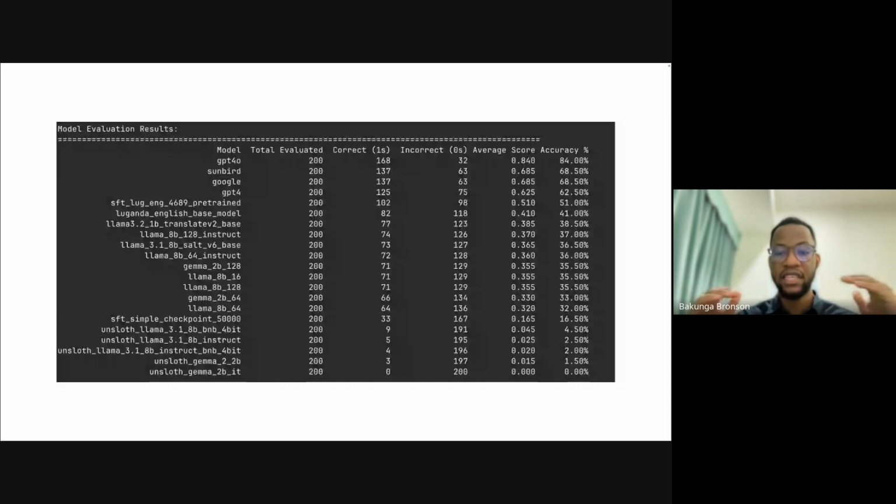So you can see that the highest in that particular range is 4%, and that's for the 8 billion parameter model. And so we're able to get it from 4%, and we're able to push it all the way up to 37%. And this is on the sentence level translation.